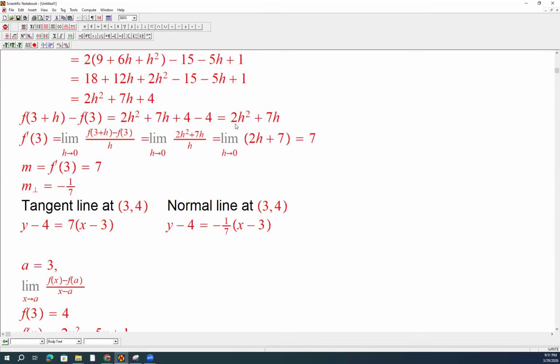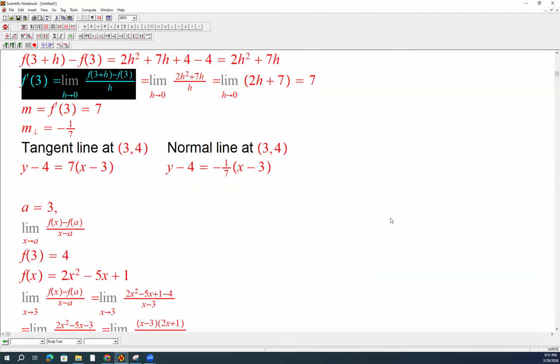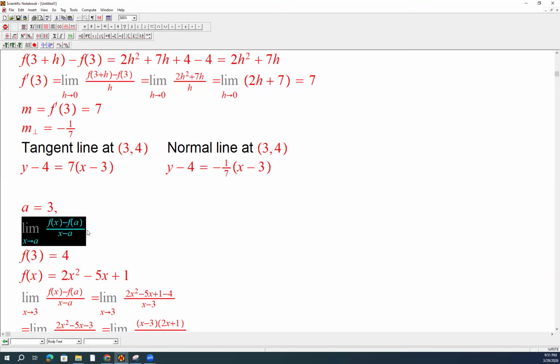And thirdly, you need to know how to find that using this method. So you need to know all 3 ways to do it. And if you want to use this other way, that's okay if I do not specify. If I do specify which formula you need to use, then you should use that method to get the credit.